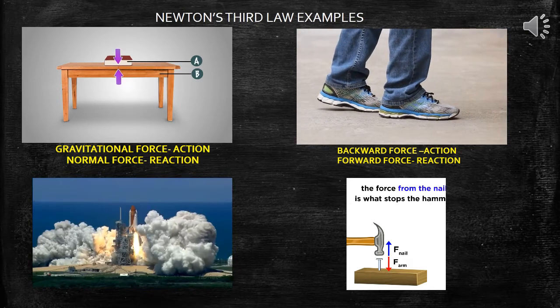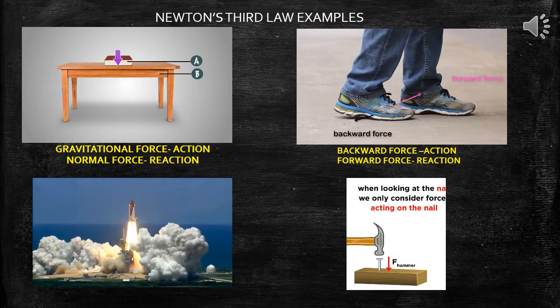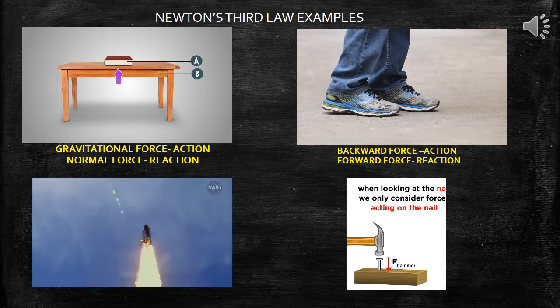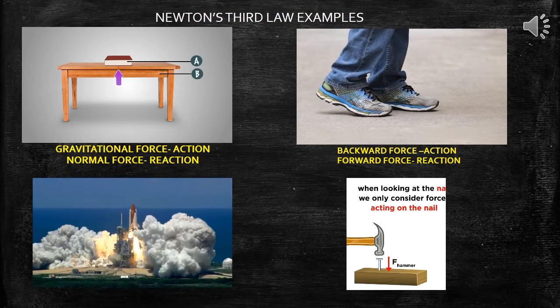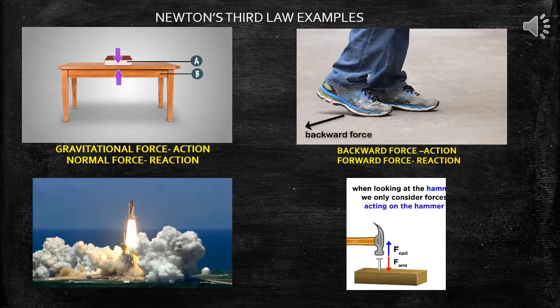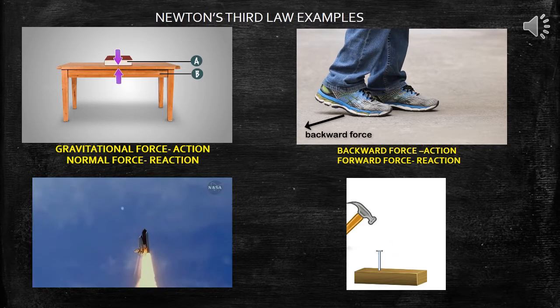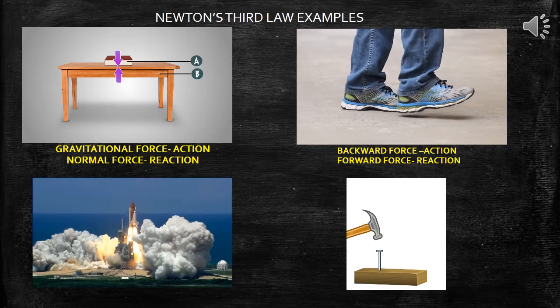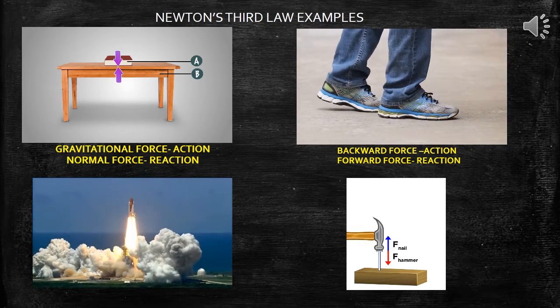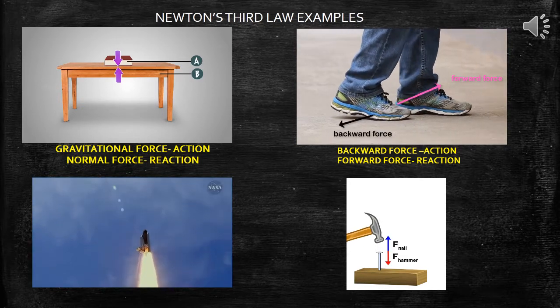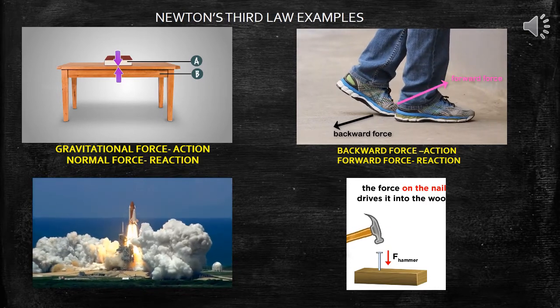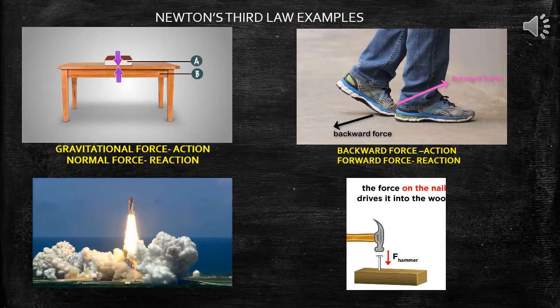The force exerted by the book on the table and the force exerted by the table on the book are acting in opposite directions and at the same instant. So the force exerted by the book on the table can be taken as action. The normal force exerted on the book by the table can be taken as reaction.